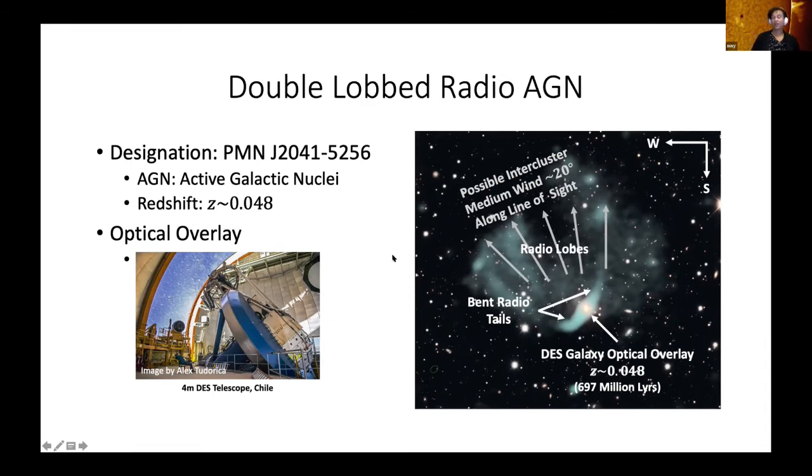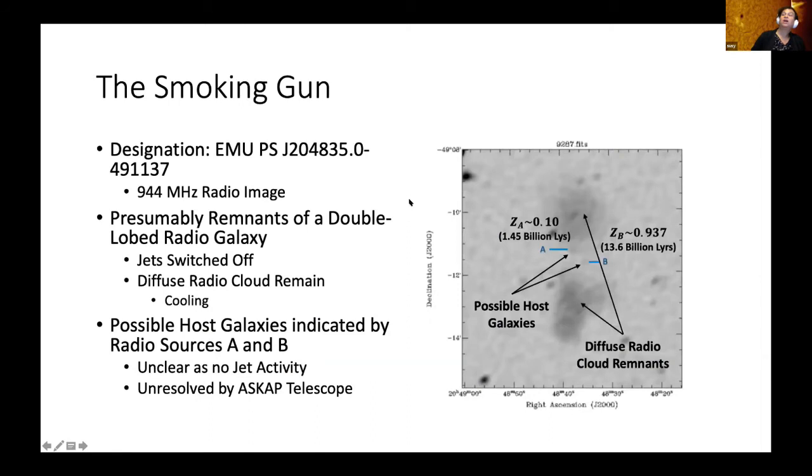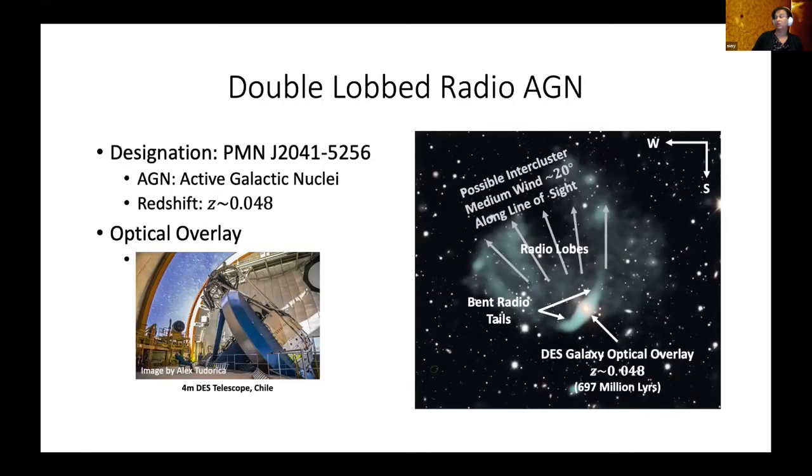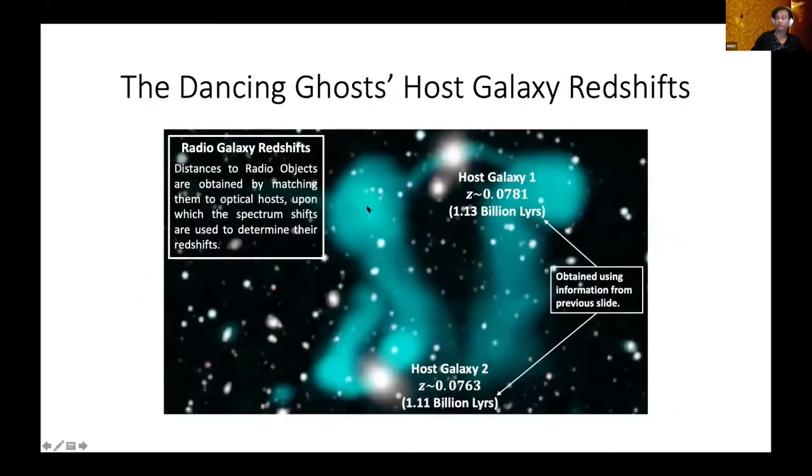Okay, I'm going to try and go through these quicker. This one is referred to as the smoking gun. Basically, it's a radio image here and here, and these are two potential sources. However, we see no jet activity happening here. And so this is probably a remnant, and these are just decaying gaseous lobes, like these things here.